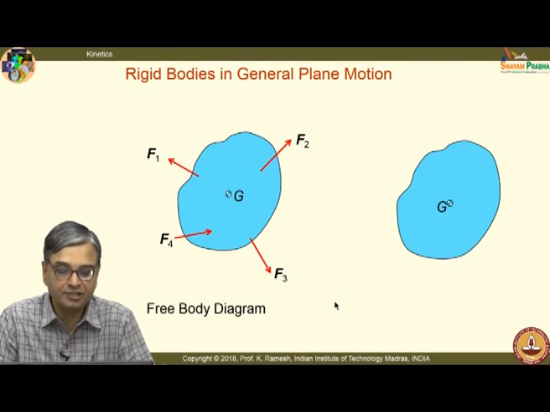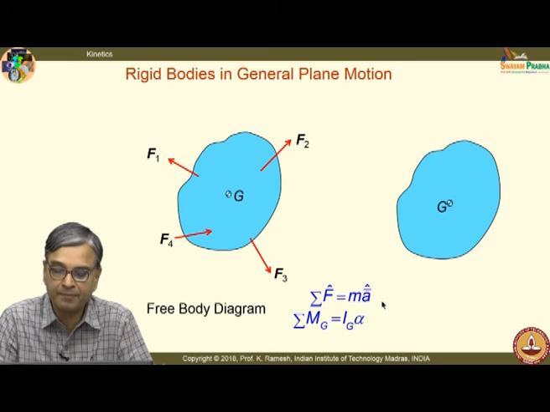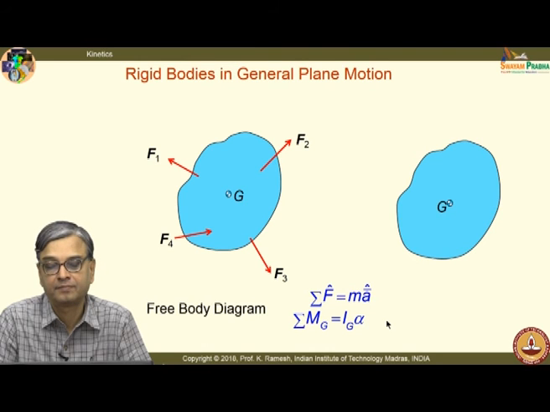And when I have a rigid body in general plane motion, I always recognize summation of f equal to m a bar and summation of moment about g as ig alpha. So, I have this as m a bar and ig alpha.